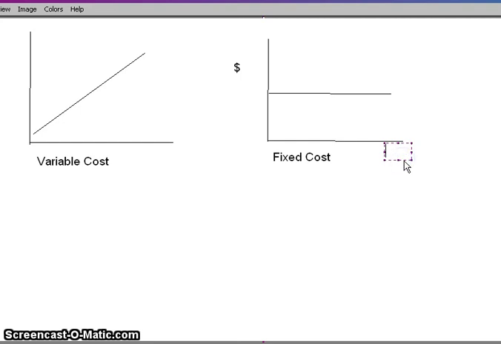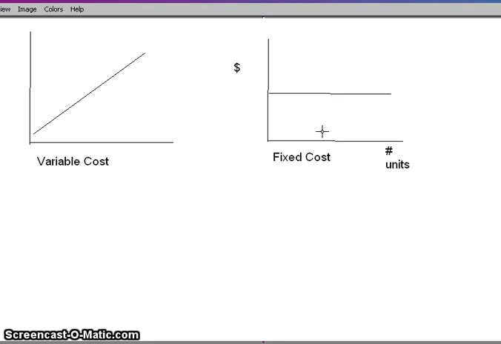I'm just lazy and I don't want to write it again, but you get the idea. An example of a fixed cost might be the property taxes you pay on the building. Property taxes are not going to increase whether you make 10 products or 30,000 products. Regardless, fixed costs stay the same.